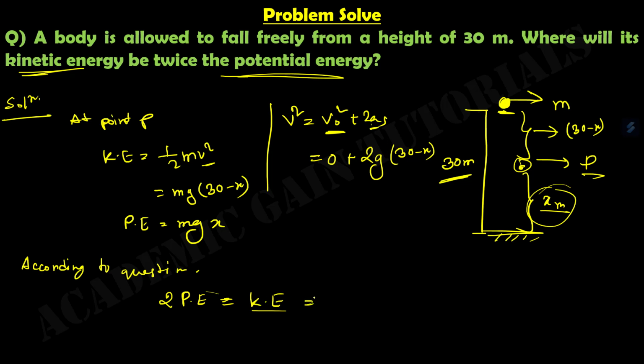To make both sides equal, we multiply the potential energy by 2. As we know the potential energy is mgx, we write 2mgx, and for kinetic energy we write mg(30 minus x). Then if I calculate the whole thing, I will get x equals 20 meters.